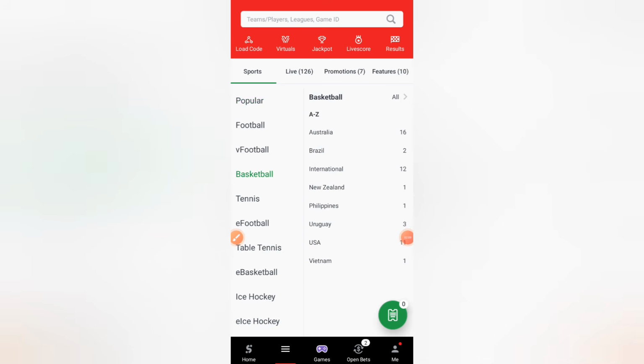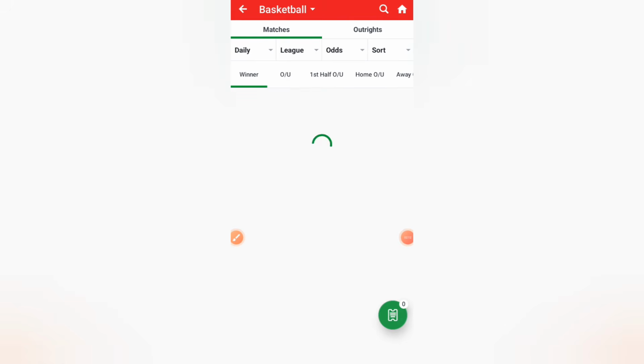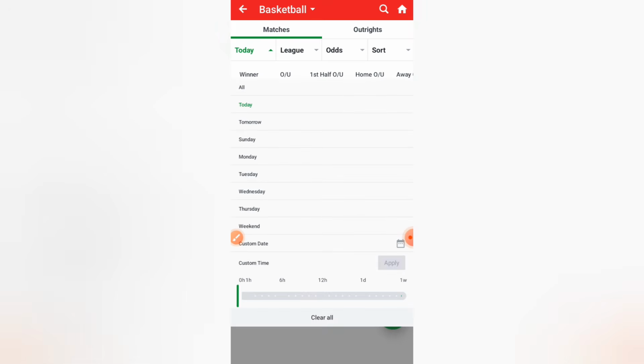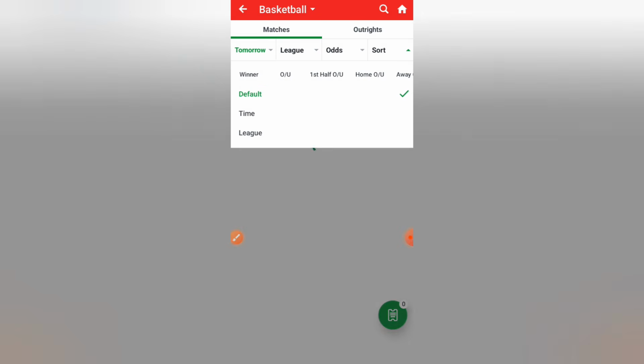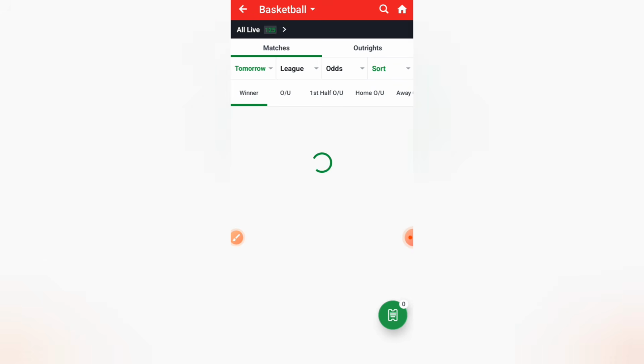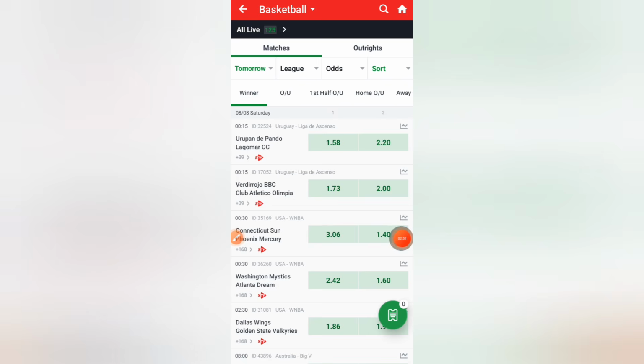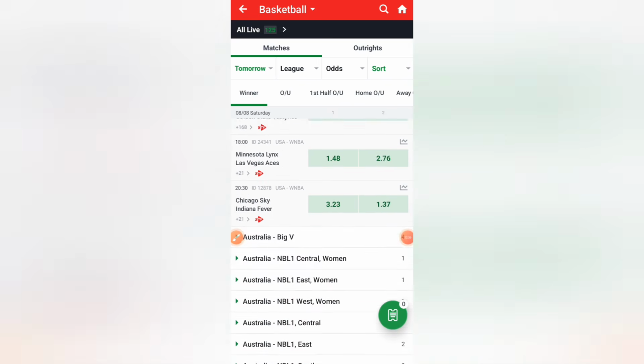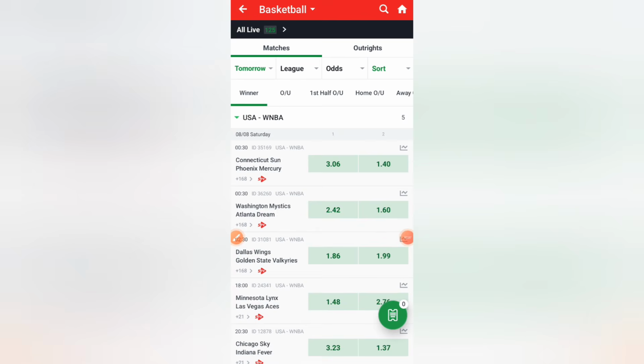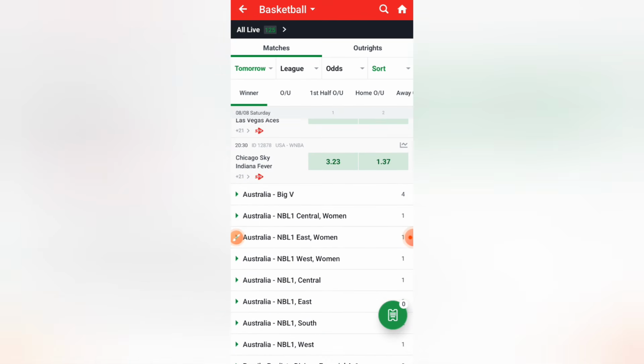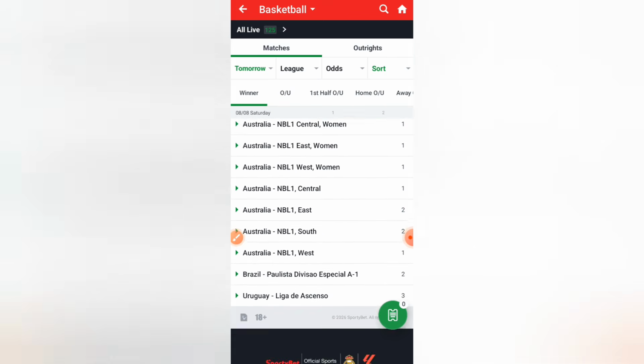So we should be able to get enough games for tomorrow, and we are going to look into some of the major leagues that we have there. We are going to look into the USA WNBA and check the Australia leagues, and I think that's all.